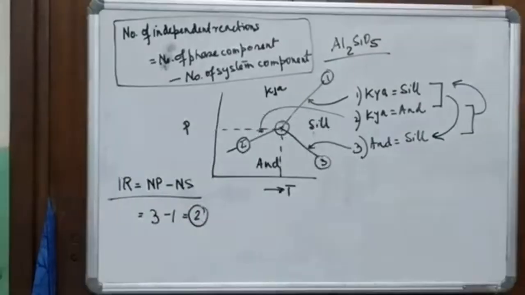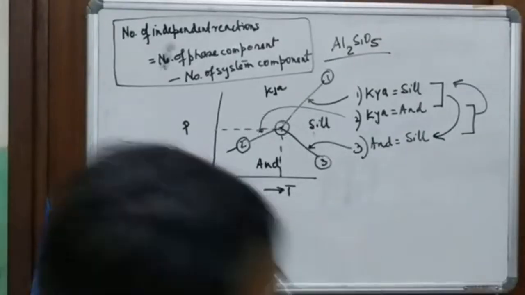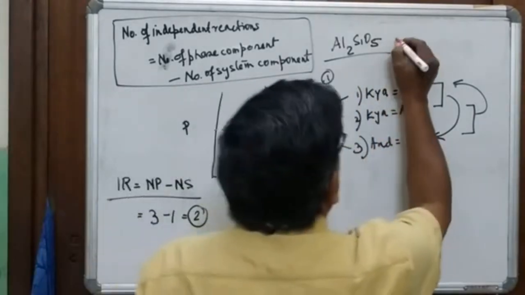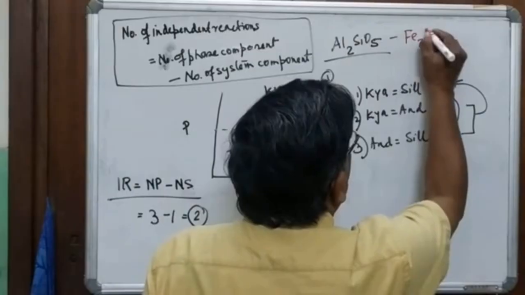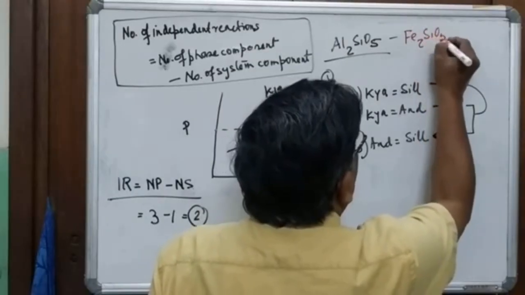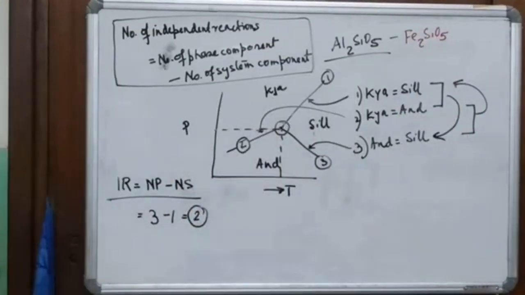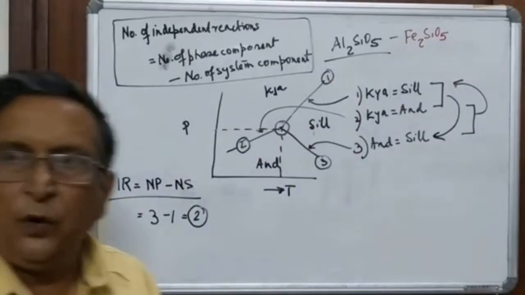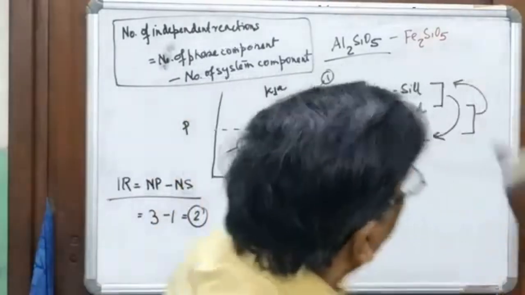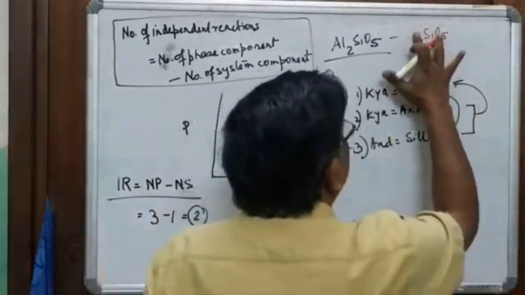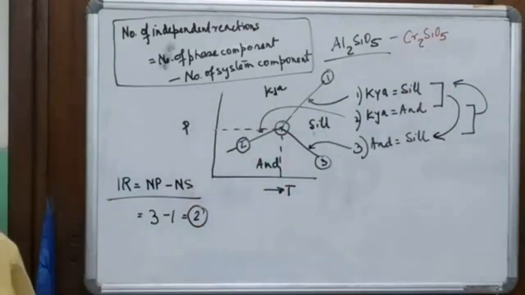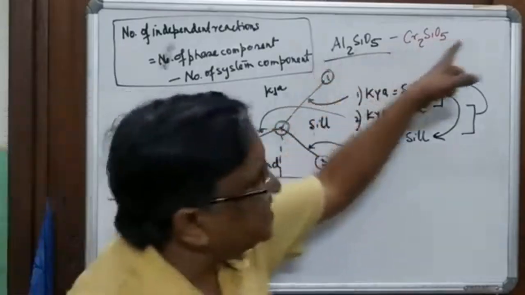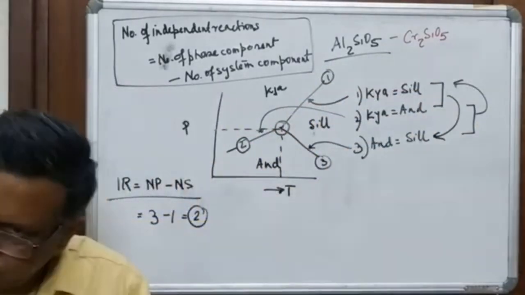But let's say Fe2SiO5. Or, if it does not look nice to you, Cr2SiO5, chromium.